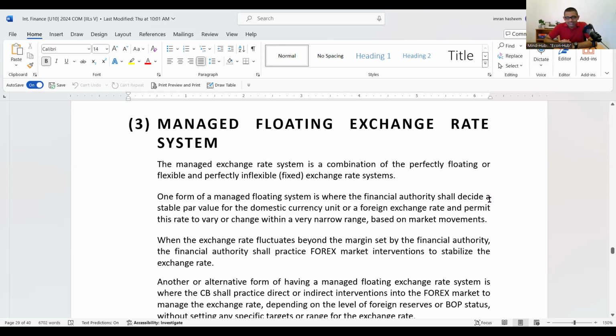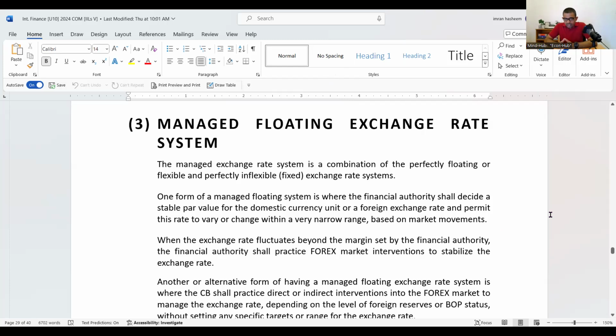One form of managed floating system is where the financial authority decides a stable par value for the domestic currency or a foreign exchange rate, and permits this rate to vary or change within a very narrow range.